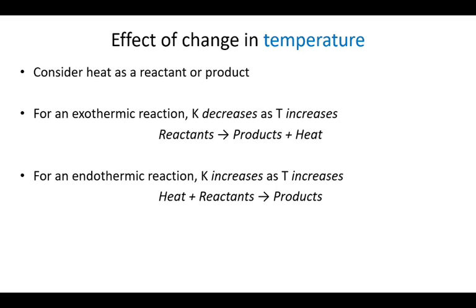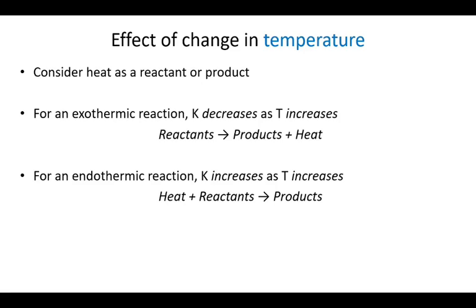Let's consider the effect of temperature. If we consider heat as a reactant or a product, we can predict the effect of temperature. And so for an exothermic reaction, we can think of heat as a product. The heat is being released by the reaction. And so if heat is a product, then increasing temperature would be adding more heat.